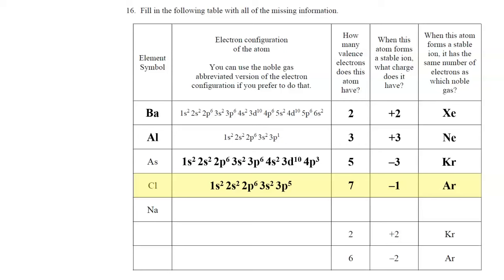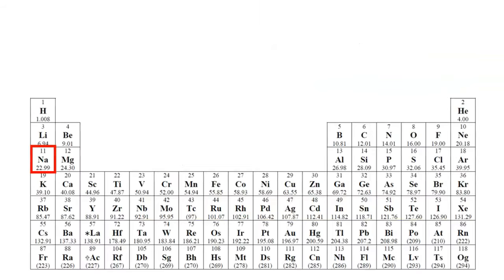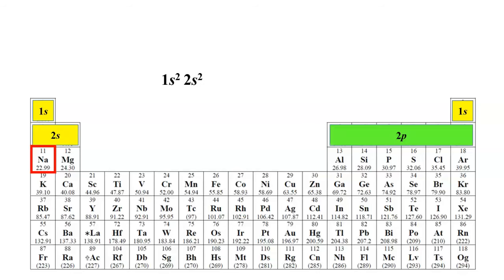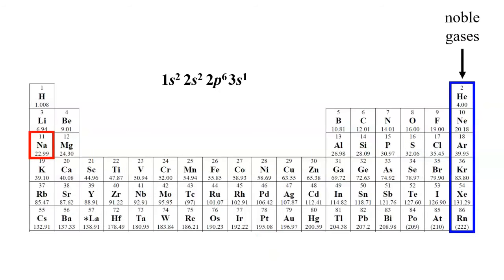Now for sodium, Na, its electron configuration is written as 1s2, 2s2, 2p6, and then finally 3s1. The noble gas abbreviated electron configuration would take advantage of the fact that neon is at the end of period 2, and that takes care of the 1s2, 2s2, 2p6.